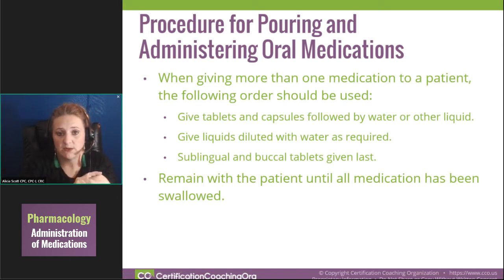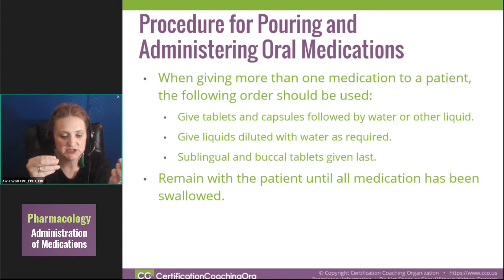Sometimes you have to give more than one medication to a patient, so you always give tablets or capsules first with water, or they can have juice. If you give liquids, you might have to dilute with water, and then sublingual would be third, so you give them last.